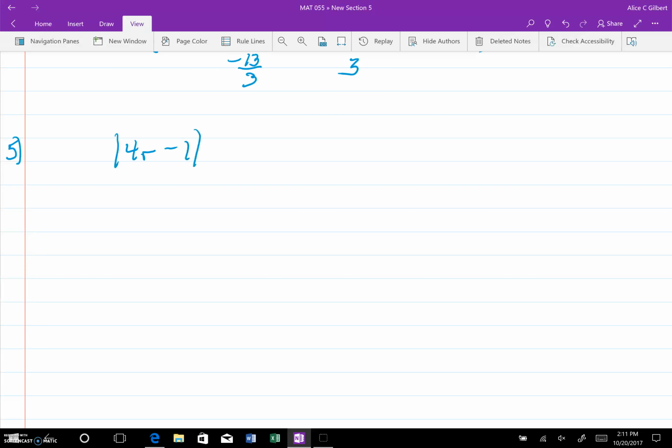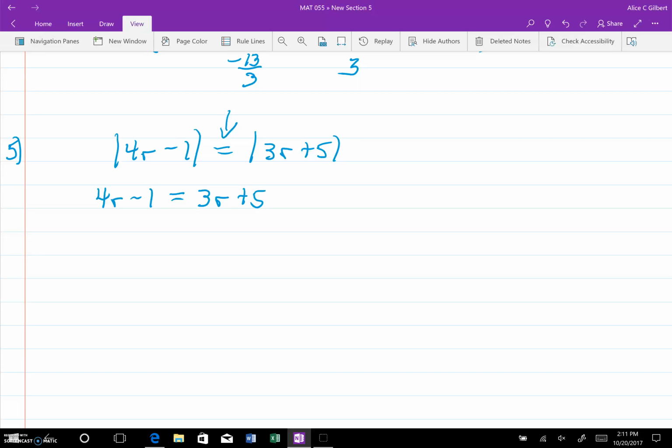4r minus 1, the absolute value, equals 3r plus 5. Now, I have one absolute value term on one side, so I don't really care what's on the other side. Based on this sign, I'm going to do 2 equations. So the first one I just write down exactly as it is and drop all the absolute value bars.